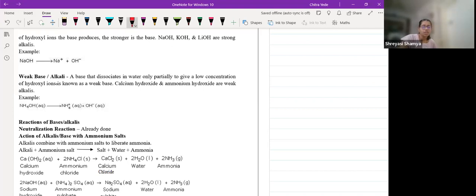Bases are those which, when they dissolve in water, dissociate to produce OH negative ions, whereas alkalis are the bases which, when dissolved in water... So how do we give the difference between them?